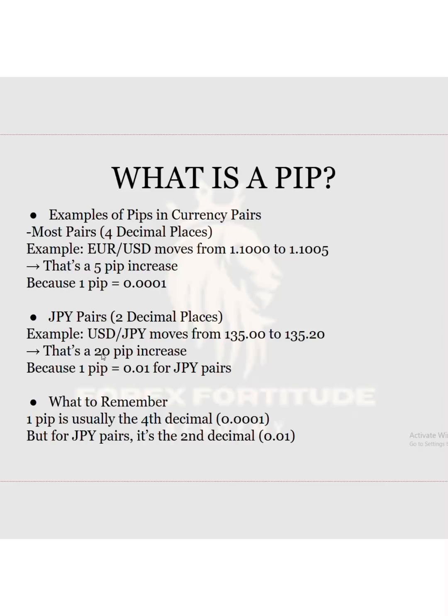So to achieve 20 pips, you multiply your 20 pip increase by 0.01, and this is what you add to the initial price of USD JPY or any JPY pair. So what you need to remember is that 1 pip is usually the fourth decimal for most pairs, but for JPY pairs, it's the second decimal.